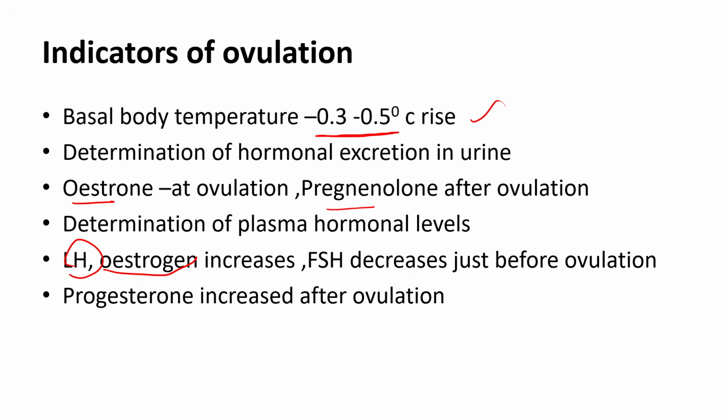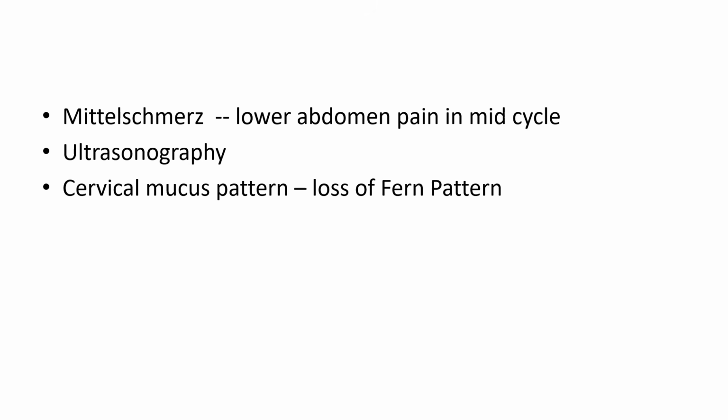estrogen and luteinizing hormone just prior to ovulation increases, and FSH decreases just before ovulation, and progesterone levels increase after ovulation. And there might be lower abdomen pain during mid-cycle, that is called Mittelschmerz, which is due to the release of the ovum.